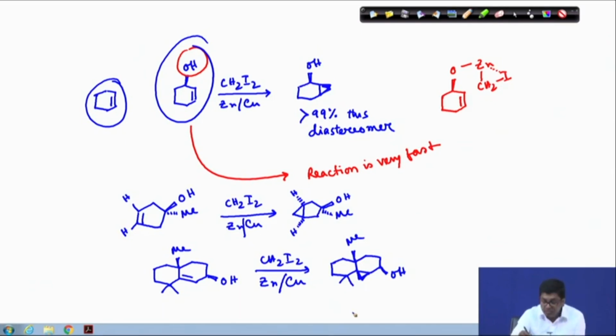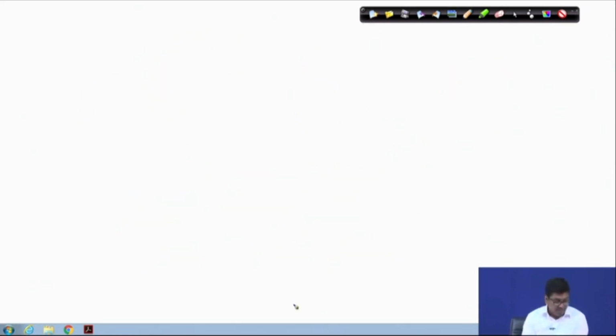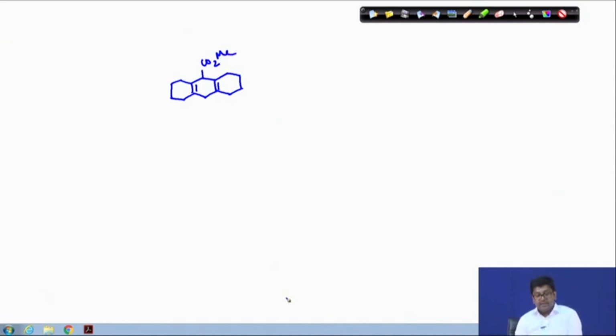Okay. Next, we will see another interesting example, that is this one, where the olefin is highly substituted and it is again having some ester group here. Okay.